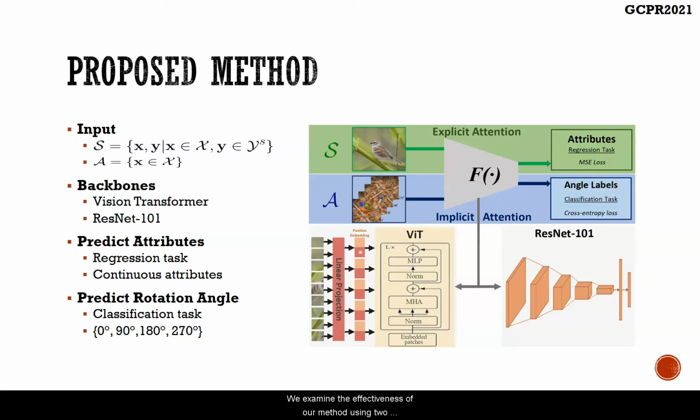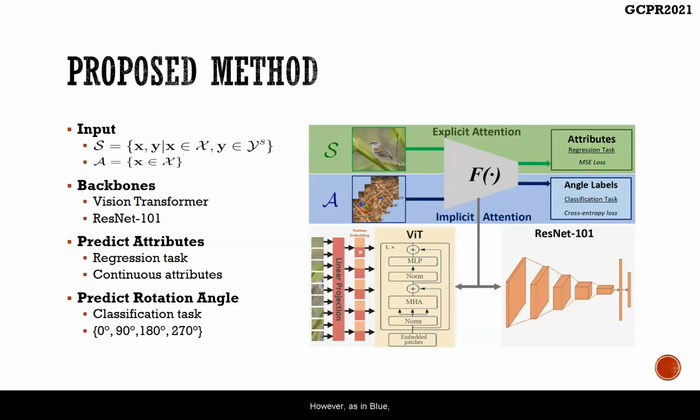We examine the effectiveness of our method using two different backbones, which are ResNet 101 and the Vision Transformer. As shown in green, seen classes images and attributes are used to train the model to predict class attributes with the help of mean squared error.